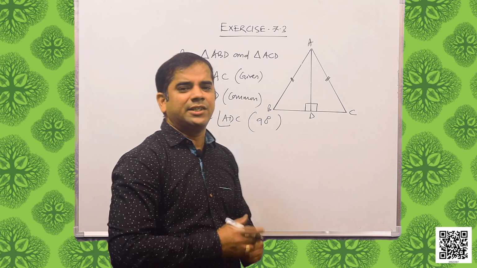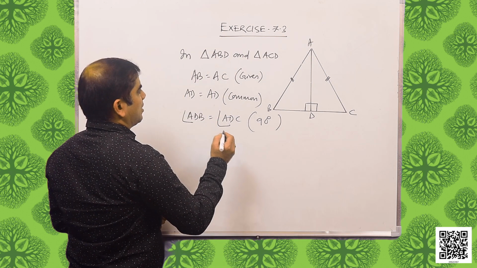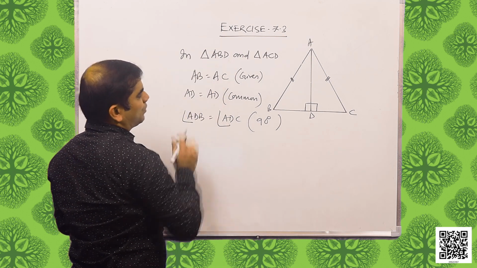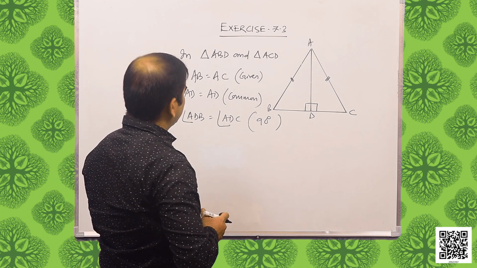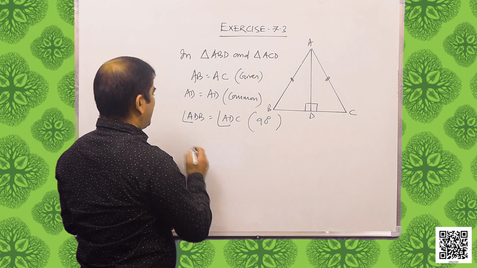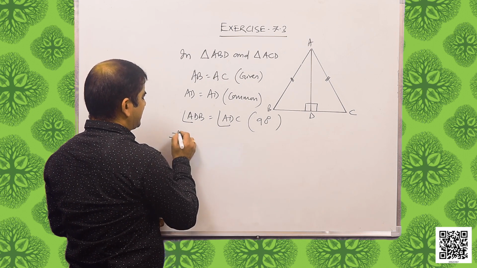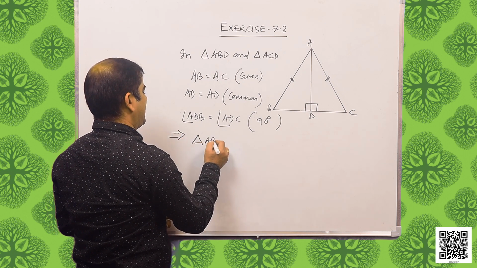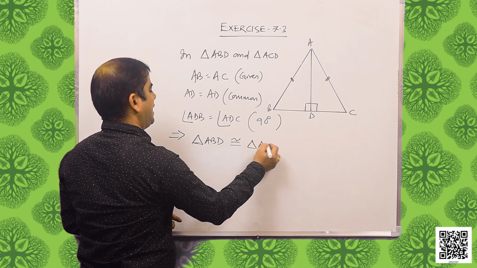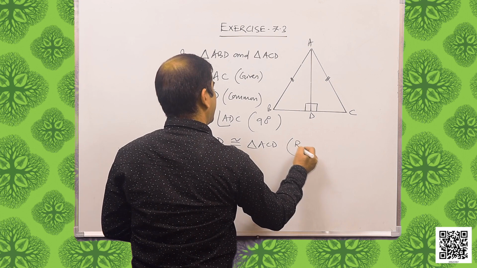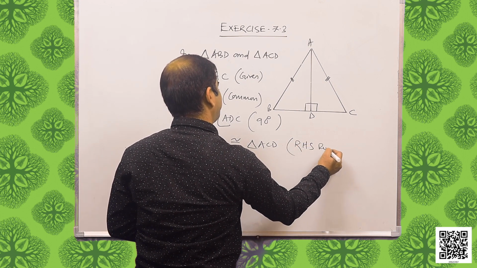It is the altitude. That means what do we have now? We have two sides and a right angle. Now we can say that it implies triangle ABD is congruent to triangle ACD by RHS rule.